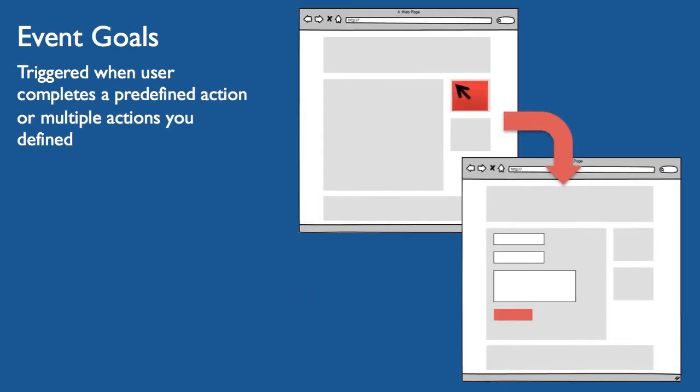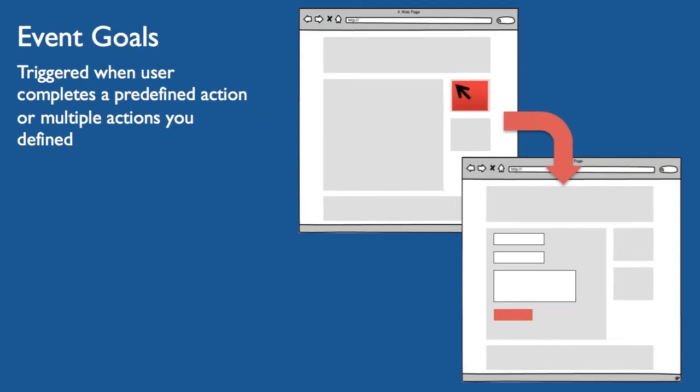And finally, event goals, which are counted as conversions every time a user completes a predefined action or several actions that you define in specified order. So this is similar to destination goals, but instead of tracking users visiting certain URLs, it's actually tracking users performing certain actions.